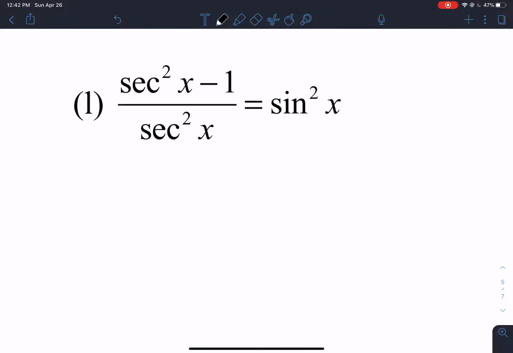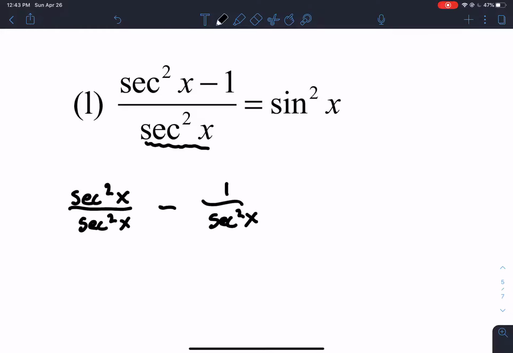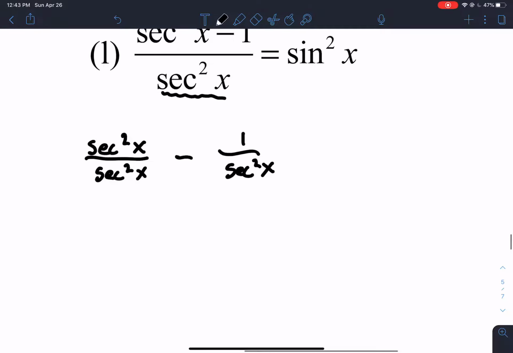Okay, I see that I have a single term here in the denominator, right? So just to kind of mix it up now, we can make this one fraction into two fractions. So what that'll do is you'll have secant squared over secant squared minus 1 over secant squared. Okay, how does that simplify?